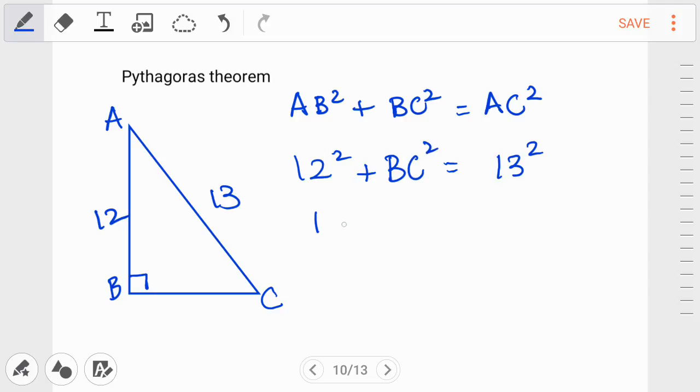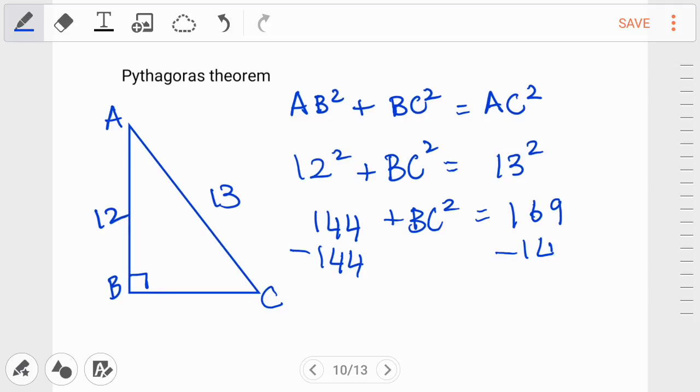So 12 square is 144 plus BC square is equal to 13 square, which is 169. So you subtract 144 on both sides. BC squared is equal to 25. BC is equal to 5.